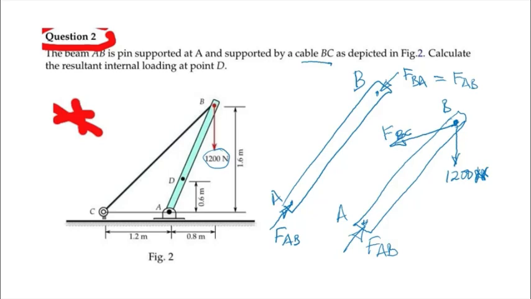Now we know the direction of BC from the geometry. We know the direction of the component itself. Therefore, if we know all these directions, with x and y, we can solve for FAB and FBC.